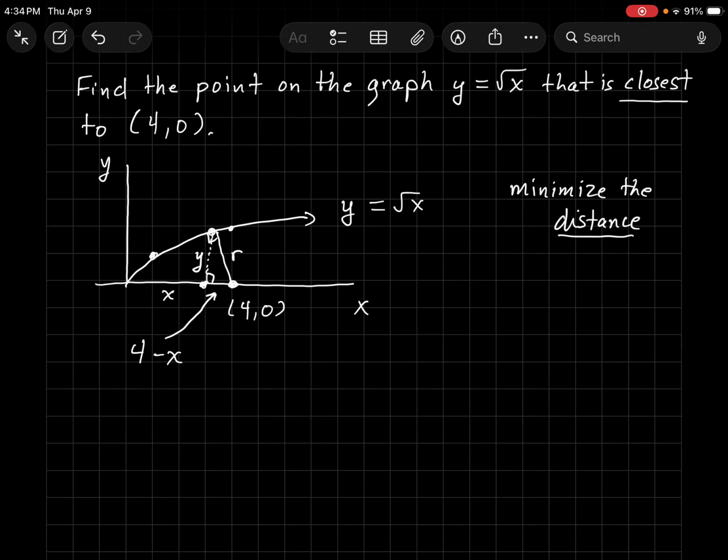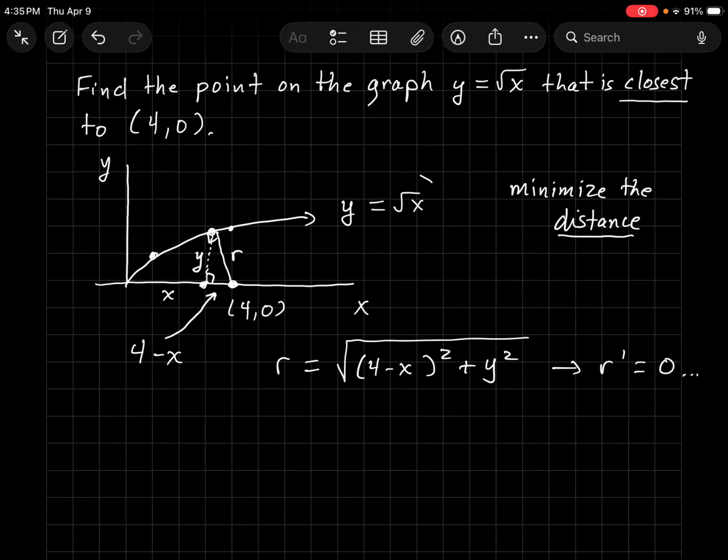Now we need an equation for the distance. Well, Pythagorean theorem says r is the square root of my base squared plus my height squared on my right triangle. Just like before, I want to find r prime, set it equal to 0, maybe undefined, but I have two variables.